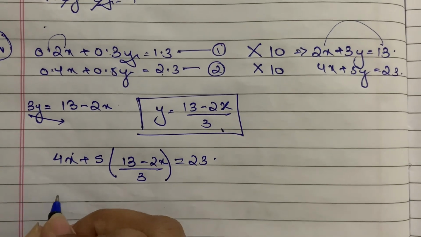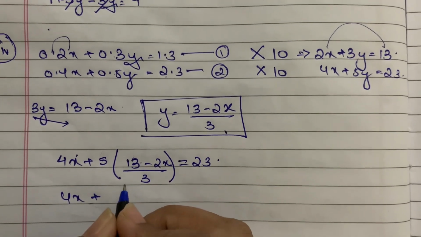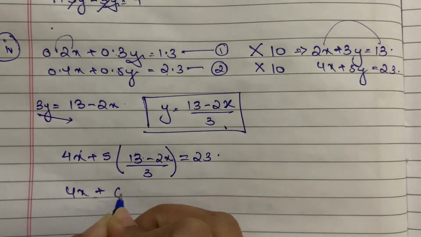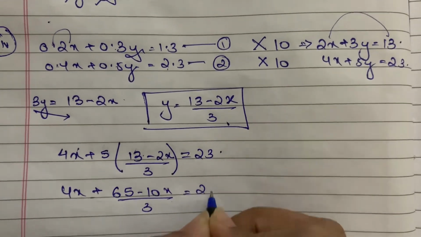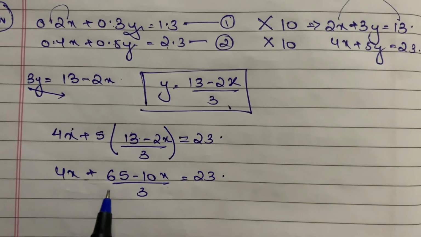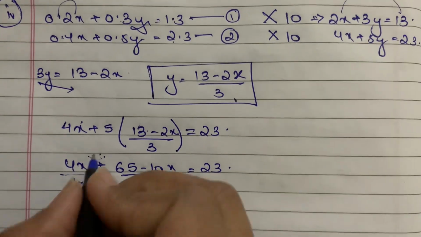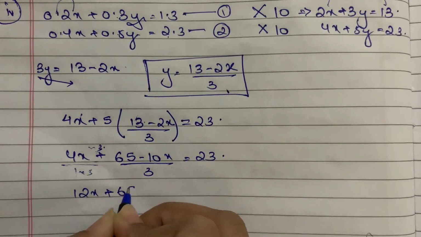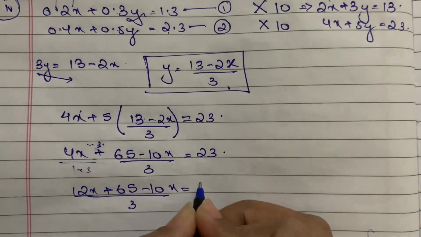It becomes 4x, this multiplies with it, so 5 13s are 65, minus 10x upon 3 is equal to 23. Now to make the denominators equal, we are going to multiply the 4x by 3, which becomes 12x plus 65 minus 10x upon 3 is equal to 23.